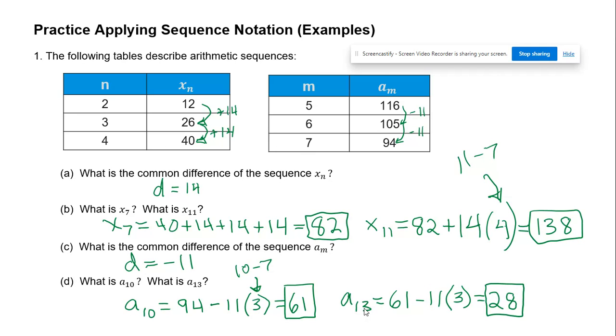Okay, so I'm going to try and find A sub 13. So A sub 13 is going to equal, well, I know 61, right? I found that the 10th term is 61. So I'm going to put 61 here, and then just like I did over here, I'm going to subtract 11. And now I have to find the number of times that I have to subtract 11, okay?